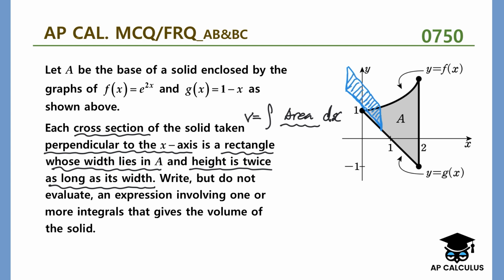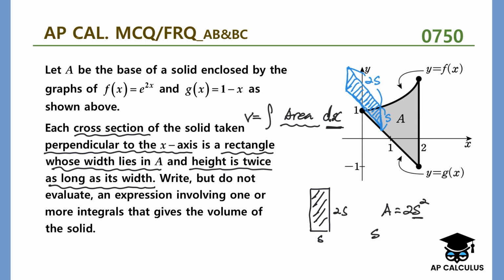Let's say this is s, and then our height of the rectangle is 2 times its width, 2s. The area of this rectangle is s times 2s, so the area is 2s squared. And we have to write s in terms of x.